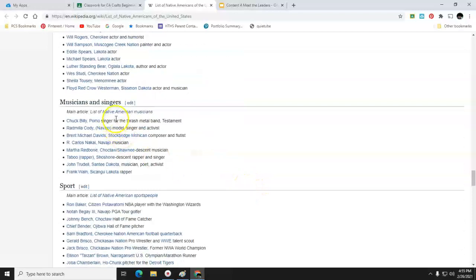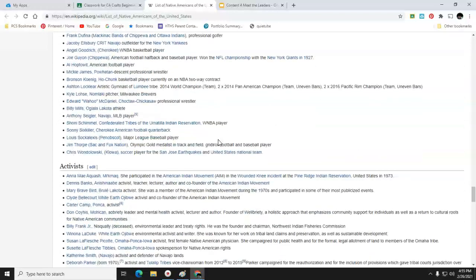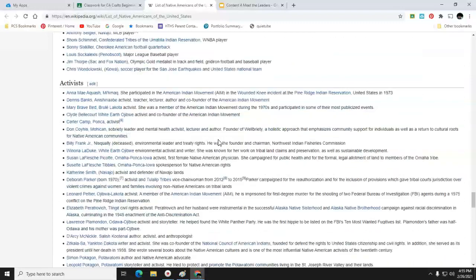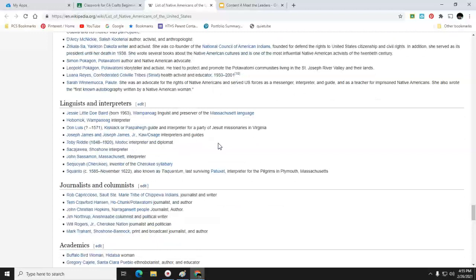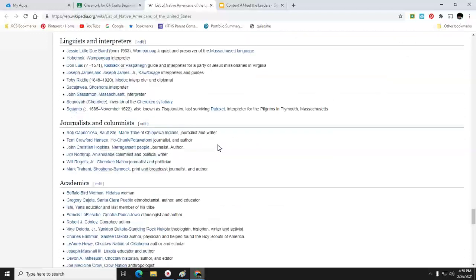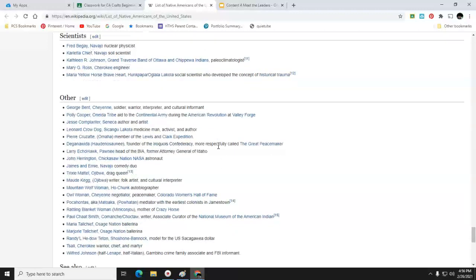Musicians and singers, Native American musicians, Native American sports people, activists, linguists and interpreters. Those are people that work with language, journalists and columnists, academics, scientists, and other people.